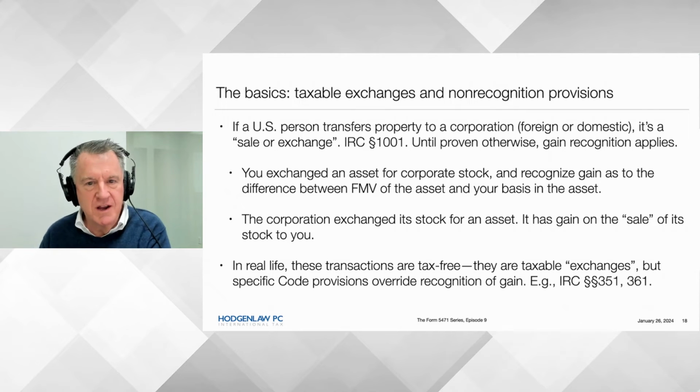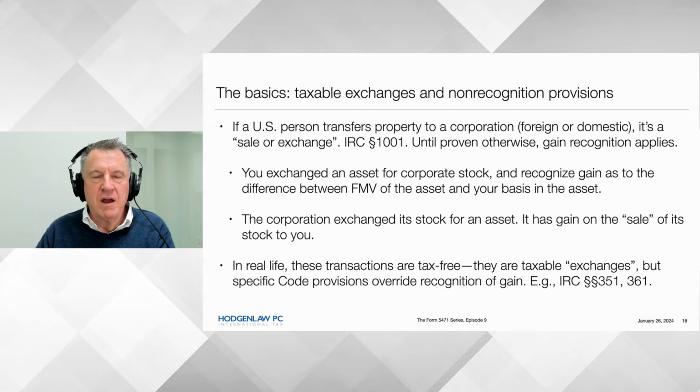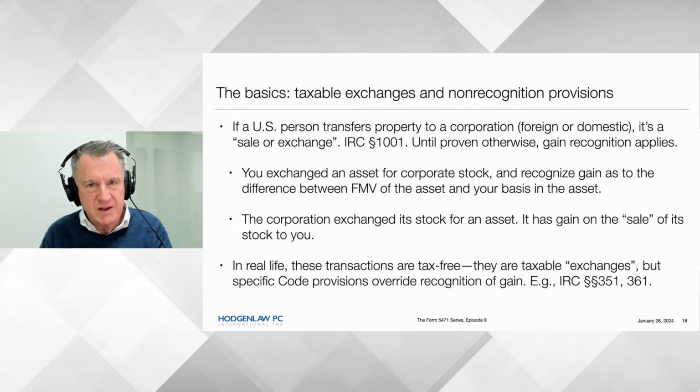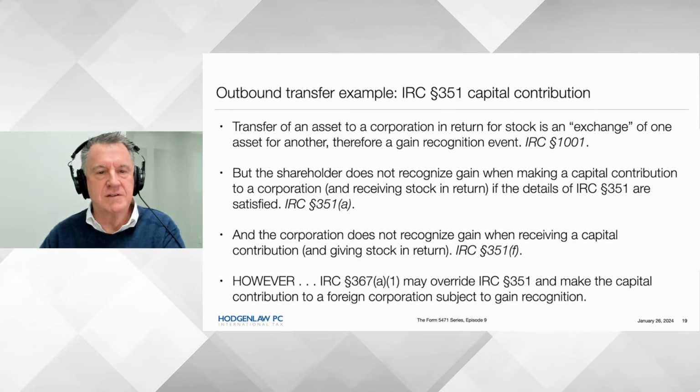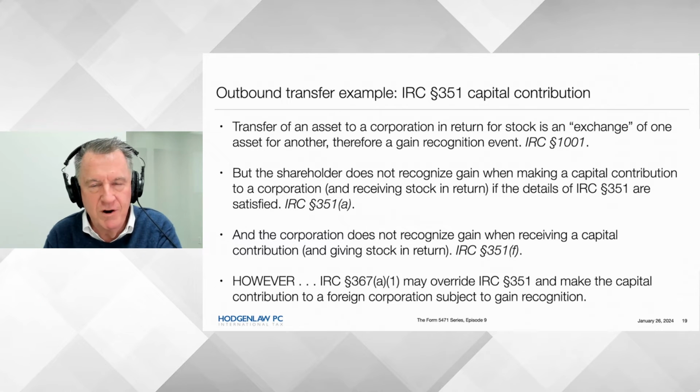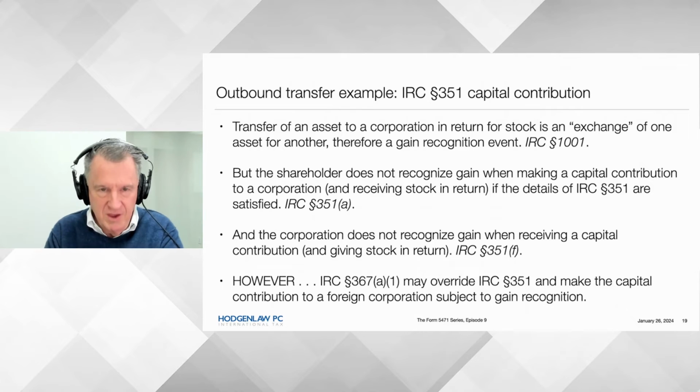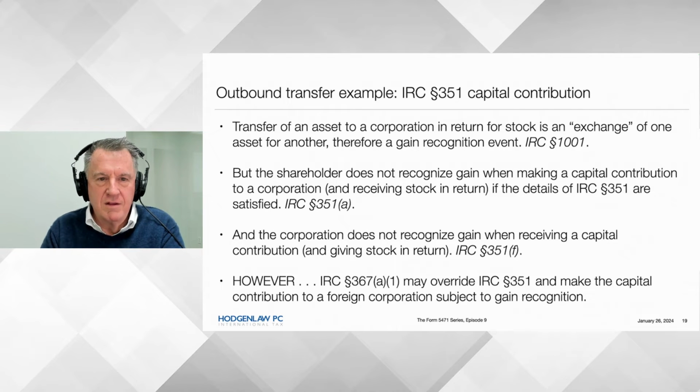Now we go on to the next stage, which is, I don't like that result. Is there some special rule that makes what is taxable and recognized gain into non-taxable, non-recognized gain? And the answer is yes, Section 351, which we all know and love. But again, let's start at the very beginning.